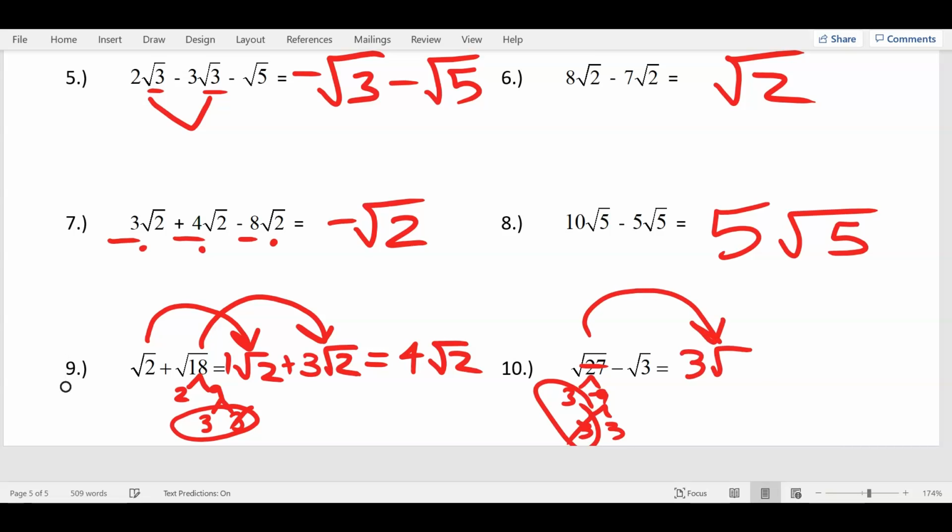So it's going to be 3 square root of 3 minus the square root of 3. So that's an implied 1. 3 minus 1 is 2 square root of 3. So again, when it's asking you to subtract or add, if you can, you want to break down any square roots that are not simplified.